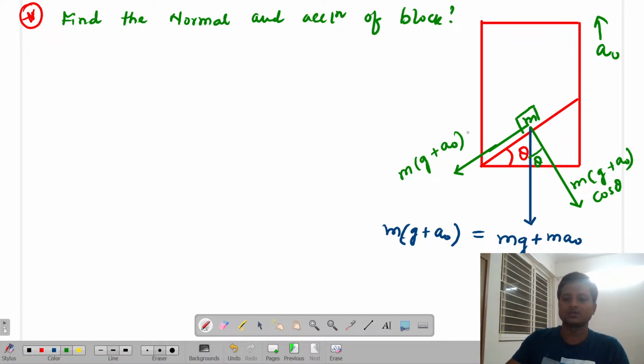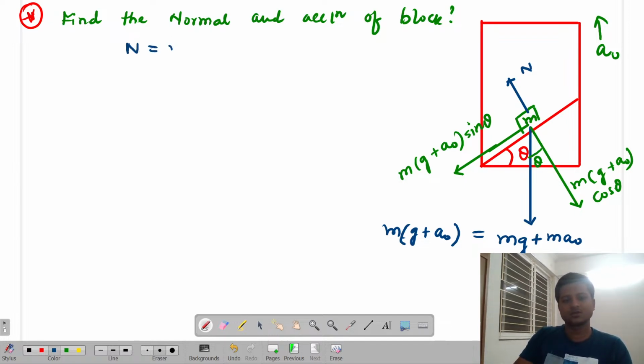(G plus a naught) sin theta. So this will balance with the normal. So N is equal to how much? M into (G plus a naught) cos theta. Is this clear?